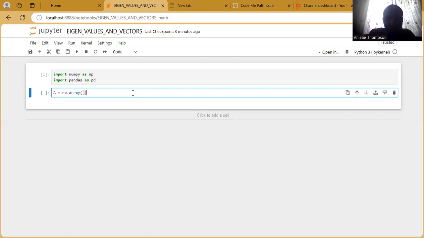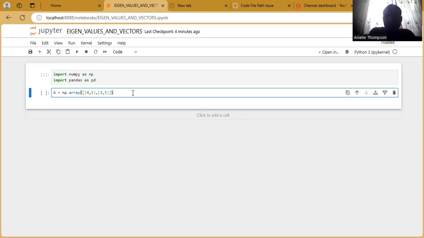So you put the first row 4, 1. You close it. You put a comma, and you enter the second row, that is 2, 3. That is the matrix we're using at this time. All right. So you close it 2 times, then you close the parentheses.